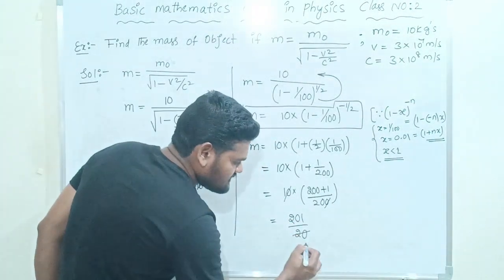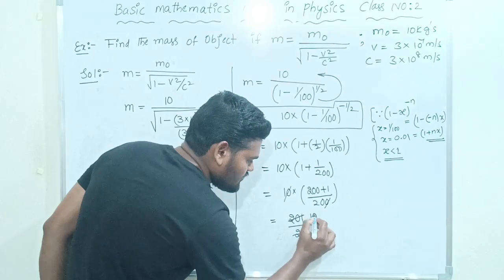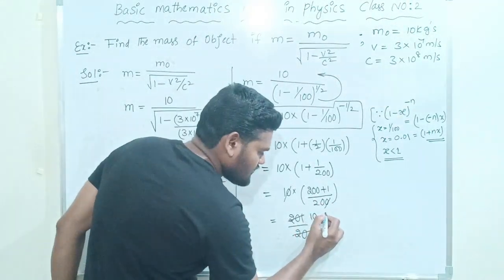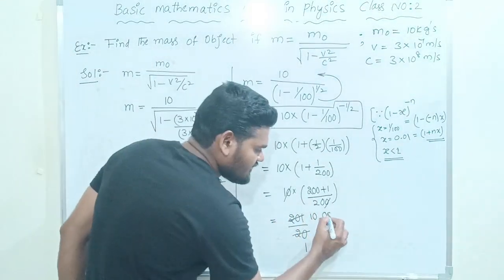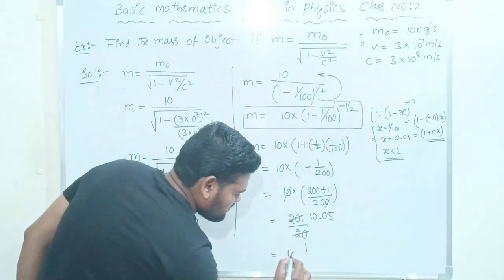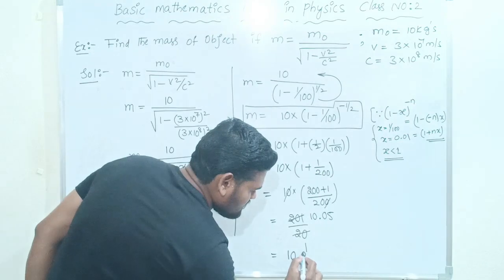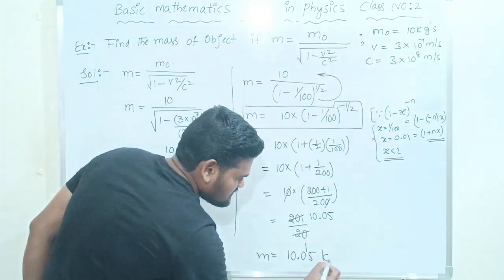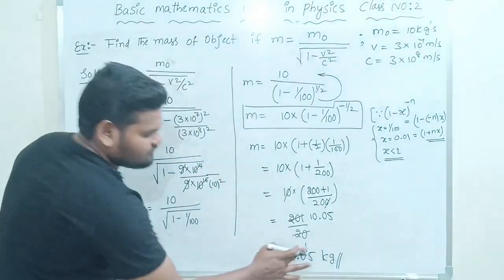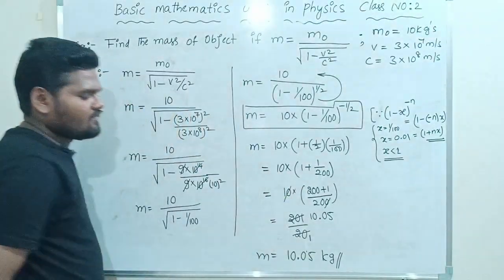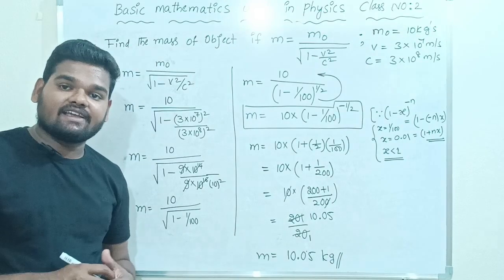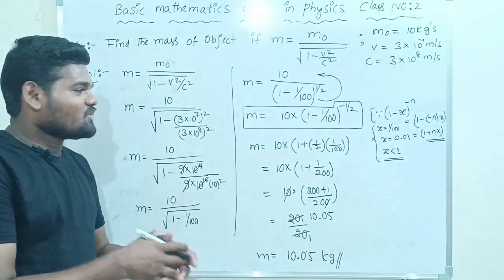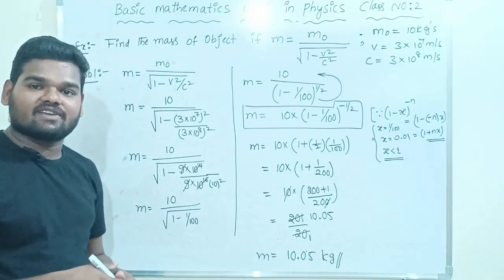Okay, so 20 ones are 20, 20 tens are 200, point 1 is there, it becomes 10. Again if you place 0, it becomes 100, 25 is a 100. So finally we get 10.05. Is it clear? Any doubt? Simple question, right? Okay, write down.